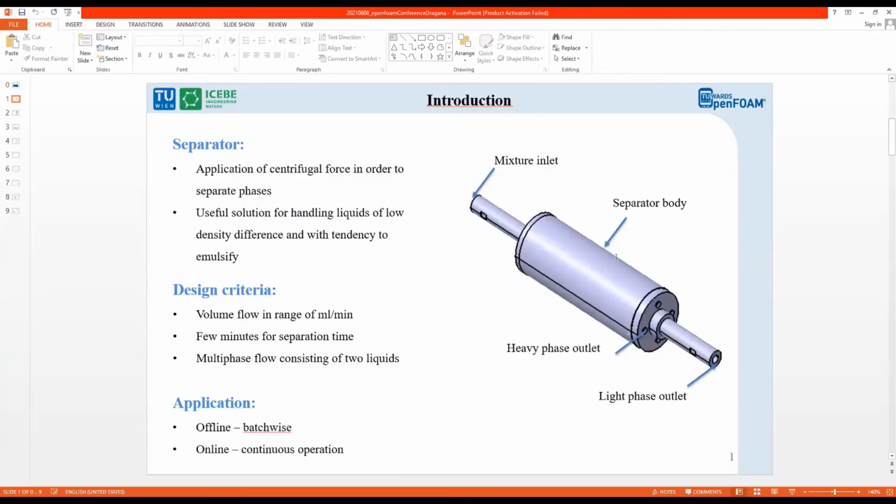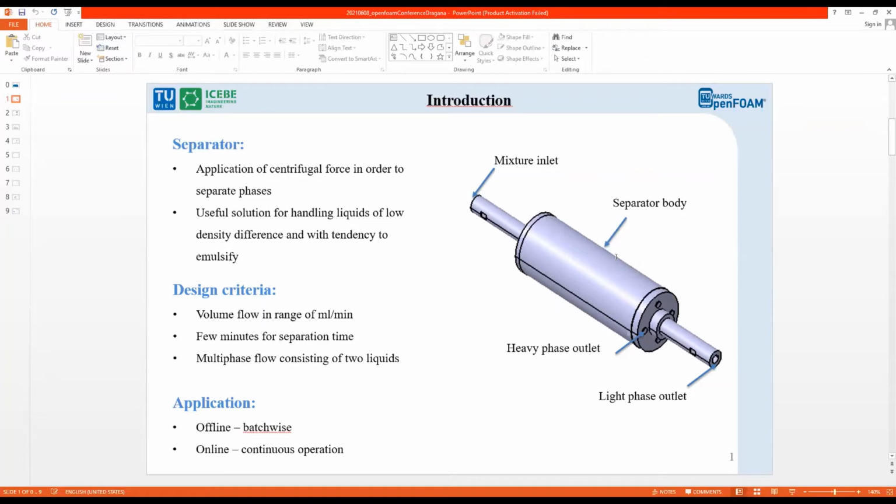Within the project I work on, my task was to develop a concept for separation of two liquid phases. After project request review and detailed research on the given topic, I decided to go for an application of centrifugal force in order to separate phases.